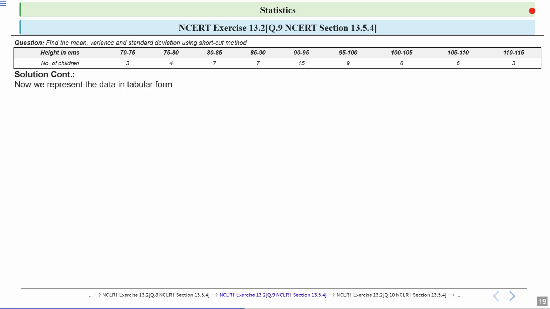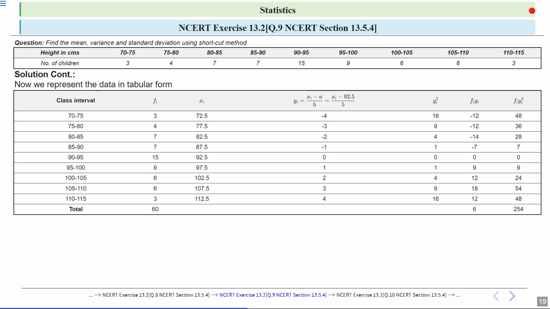So we need to organize our data in a way that makes calculations easier. So we will represent the data in tabular form. So this is our data in tabular form. In this table, we added the third column as xi, the fourth column yi, the fifth column yi square, the sixth column fi times yi, and the seventh column fi times yi square.